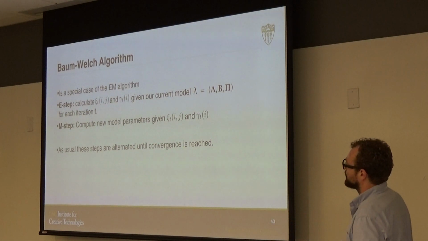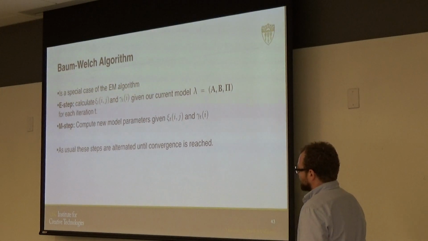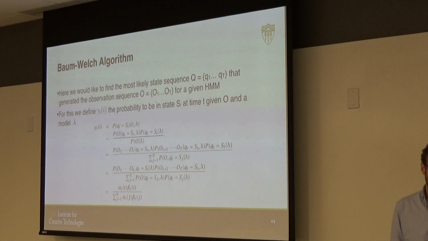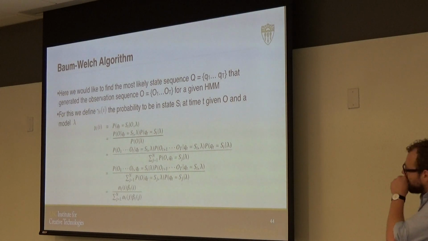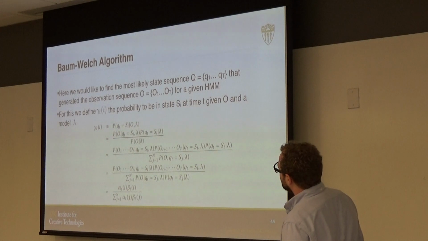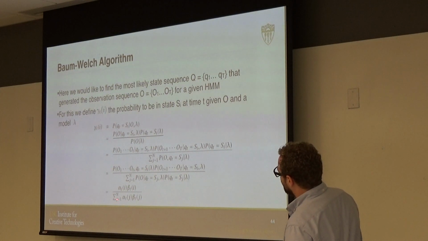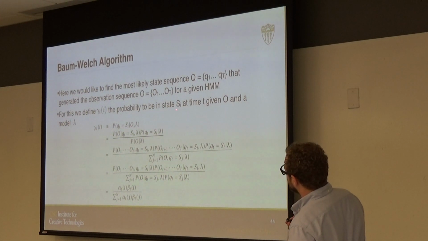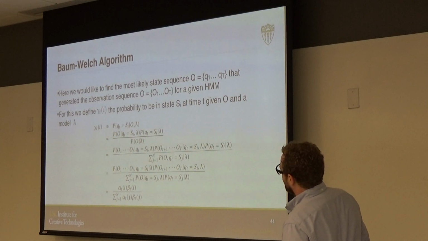Through this iterative process, we get to the optimal model. The gamma here is again defined through our alpha and beta variables, and it is the probability of being in state Si at time t given an observation and a model.